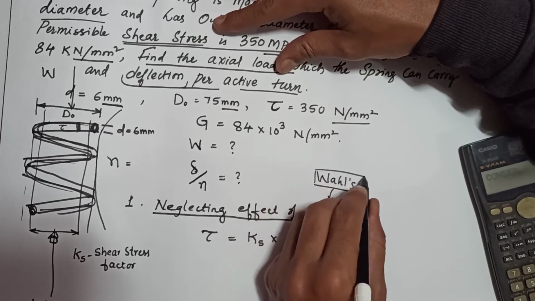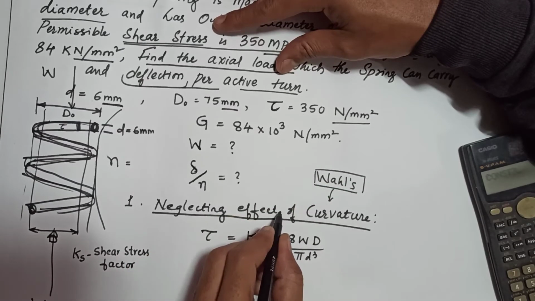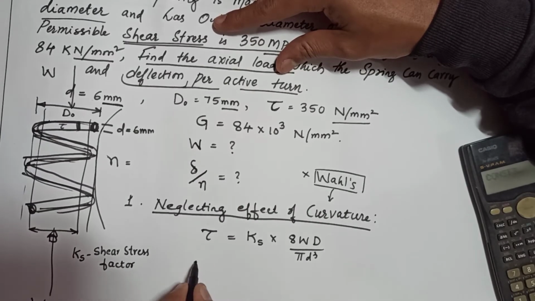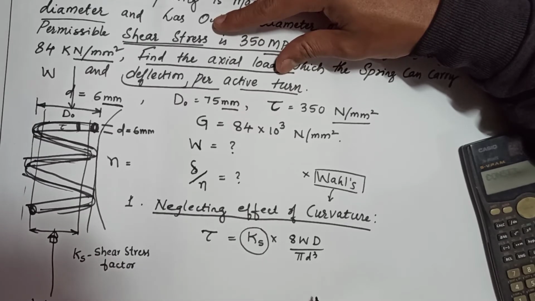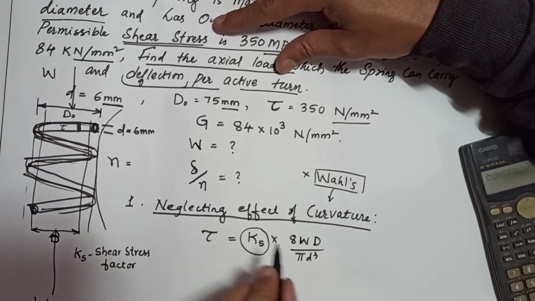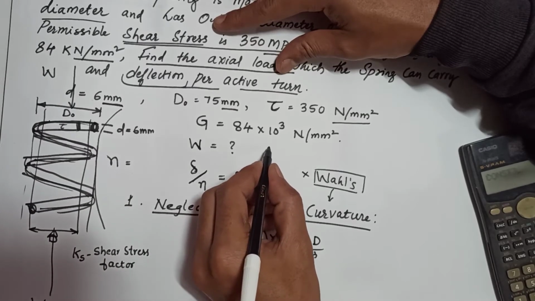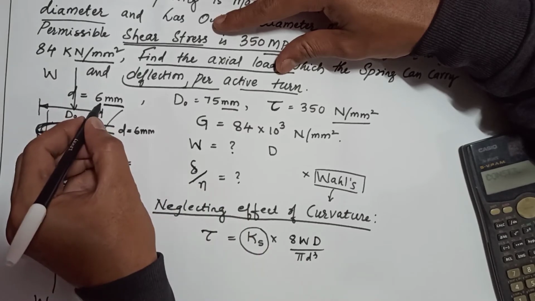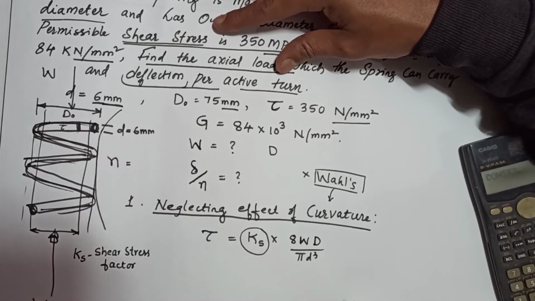In this case we are neglecting the curvature, so the Wahl's factor equation you should not use. W is the axial load and D is the mean diameter, not the outside diameter. In pi d cube, small d indicates the diameter of the wire.